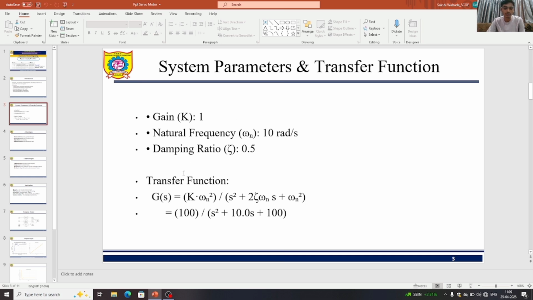Then transfer function, we know that the formula of transfer function is G of s is equal to K into omega n square by s square plus 2 zeta omega n s plus omega n square, where K is a constant, omega n is natural frequency, then zeta is damping ratio. So we put the value and we get this answer.